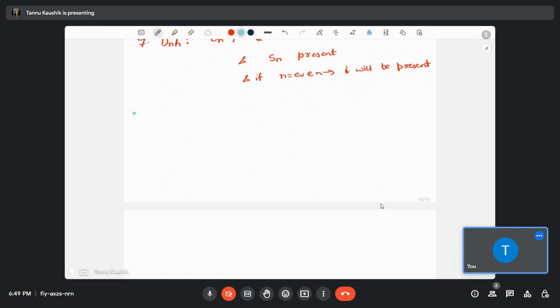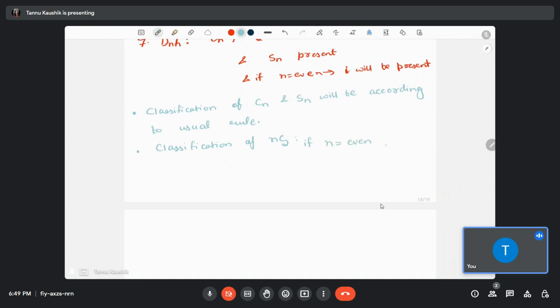But the classification of n C2 will be different here, which is as follows.